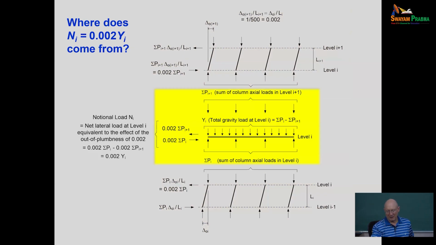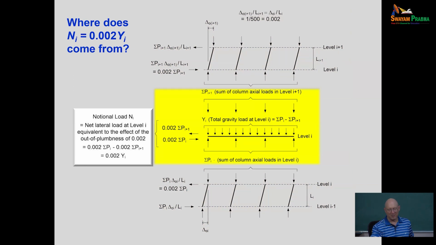And I can see that I'm ending up with opposite P delta shears here that amount to, when I sum those, I factor out the 0.002, I see that sum P i minus sum P i plus 1, that's really just the vertical load that's applied at this story. That's my capital Y sub i.